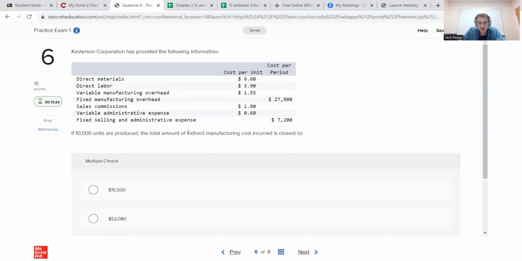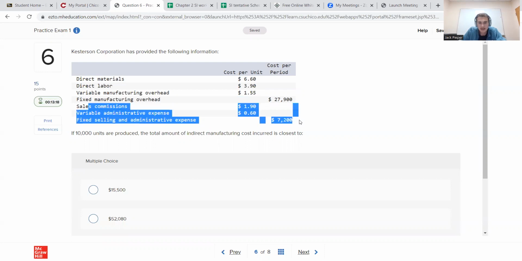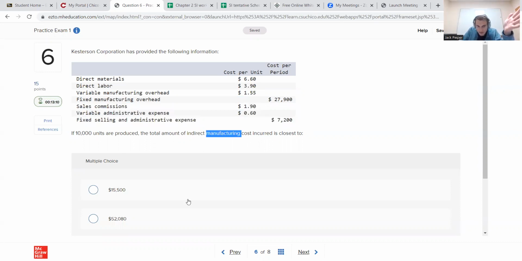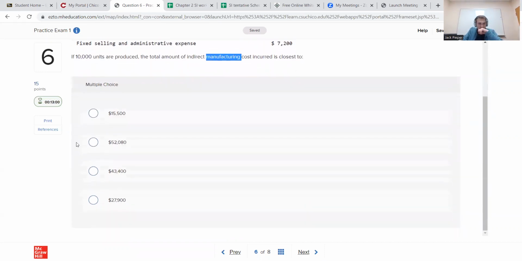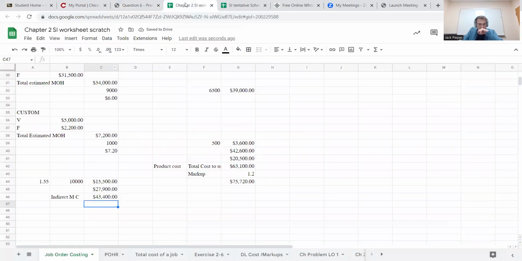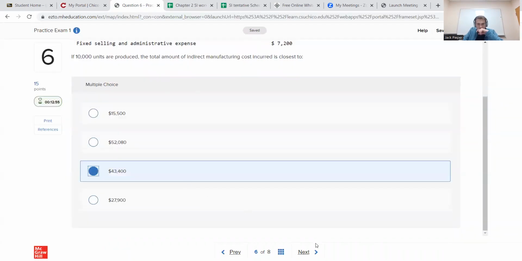Technically, these are considered indirect costs because they're not directly associated with the product. However, you know that it's going to be just the manufacturing overhead because when it says manufacturing, that means it's a manufacturing cost. And the only two indirect manufacturing costs are variable and fixed overhead. Cool.